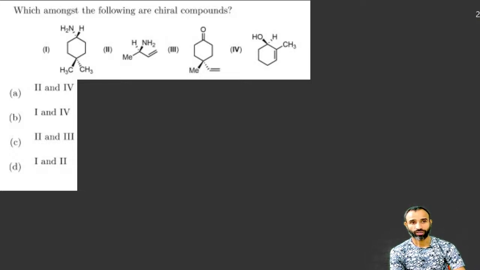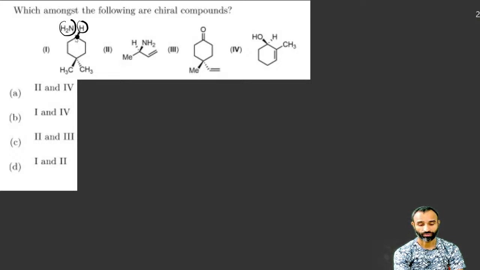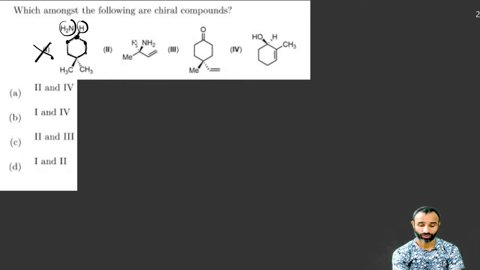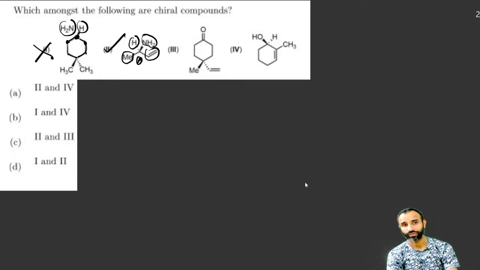Which amongst the following are chiral compounds? In first case, this carbon has hydrogen on one side, NH2 on the other side, but these two groups are same. So that means it is not chiral. In second case, on one side there is hydrogen and NH2, methyl and vinyl. That means it is chiral because this is a chiral carbon, right? Yes, sir.